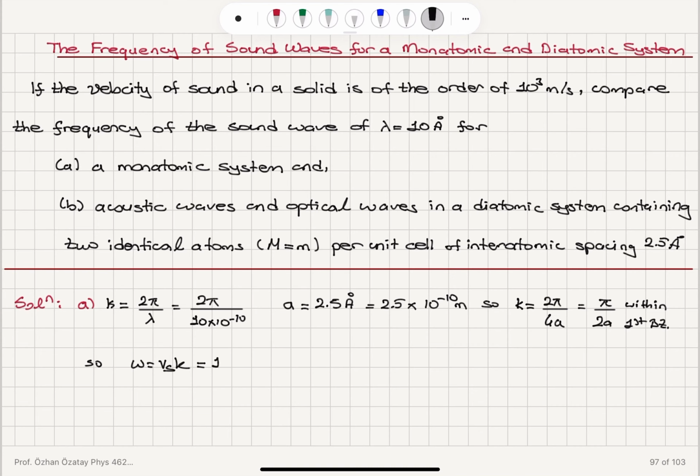So that's basically 10^3 times 2 pi divided by 10 times 10 to the minus 10. This is equal to 2 pi times the frequency. So we see that the 2 pi's will cancel, and we will be left with a frequency of the sound wave of 10^12 hertz.